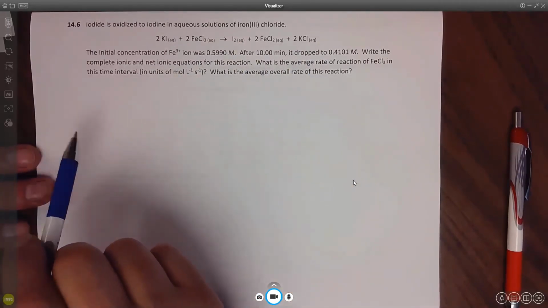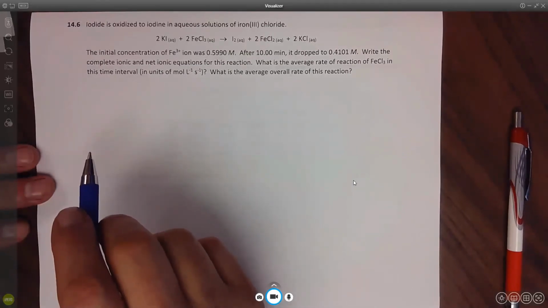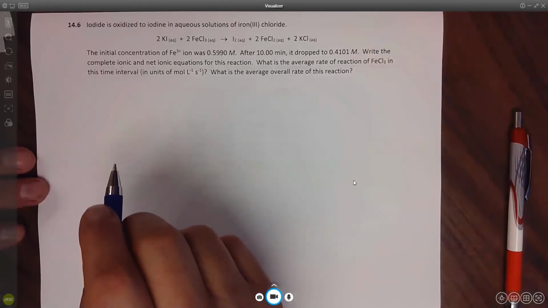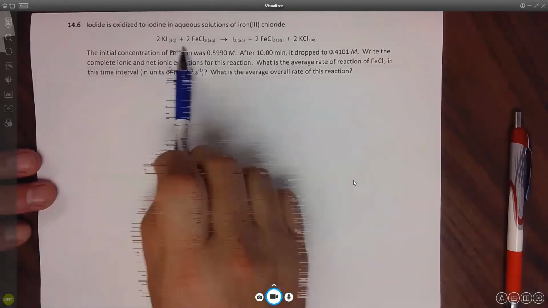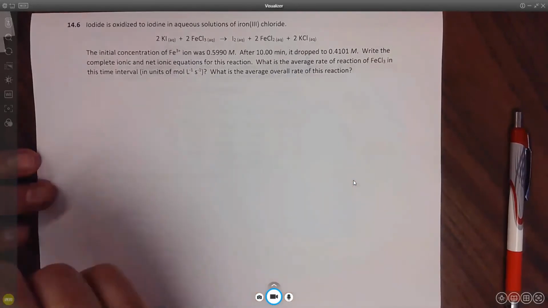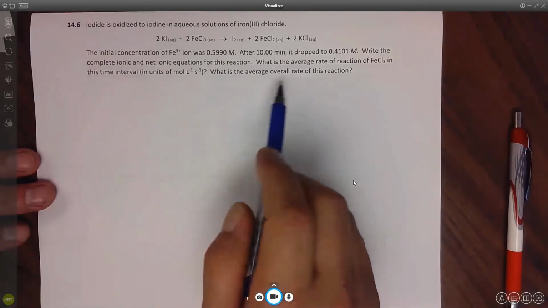And this, again, is going to be really important in Chem 112, being able to go from molecular to complete ionic and finally net ionic. We're generally going to work from the net ionic equations and not the molecular. This is the molecular equation. Everything's neutral. Notice in a molecular equation, there's never any ions. That's why we call it a molecular equation.